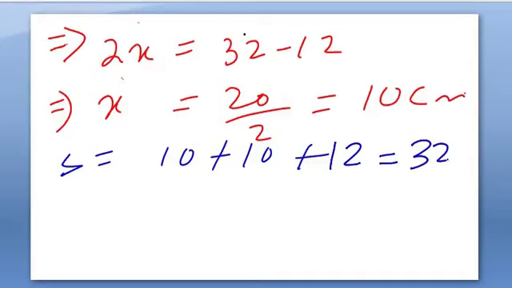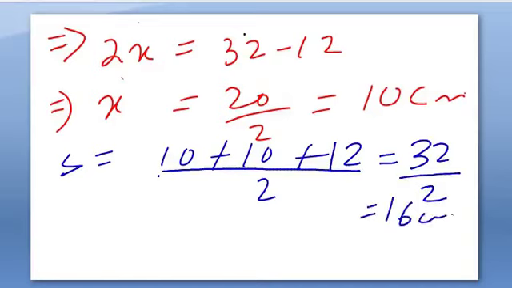All the three sides we have got, so a plus b plus c equals 10 plus 10 plus 12 equals 32, divided by 2, so s equals 16 centimeter.